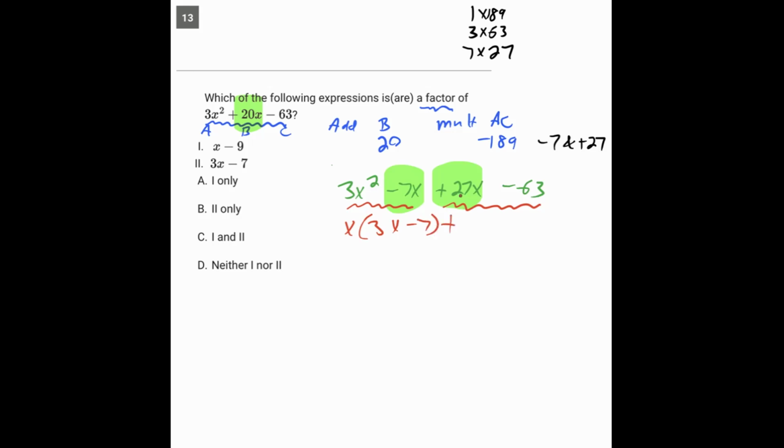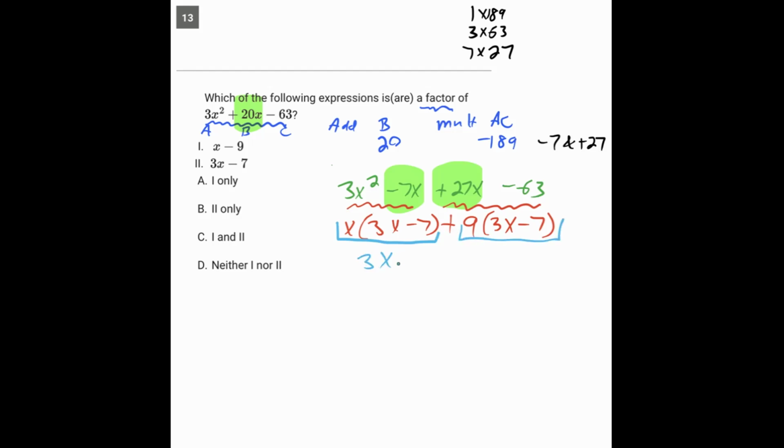And the common factor between 27x and negative 63, that's going to be 9. When you factor 9 out of those two, you'll have 3x minus 7. So now we have two terms, just like in our example, that both have a factor of 3x minus 7.